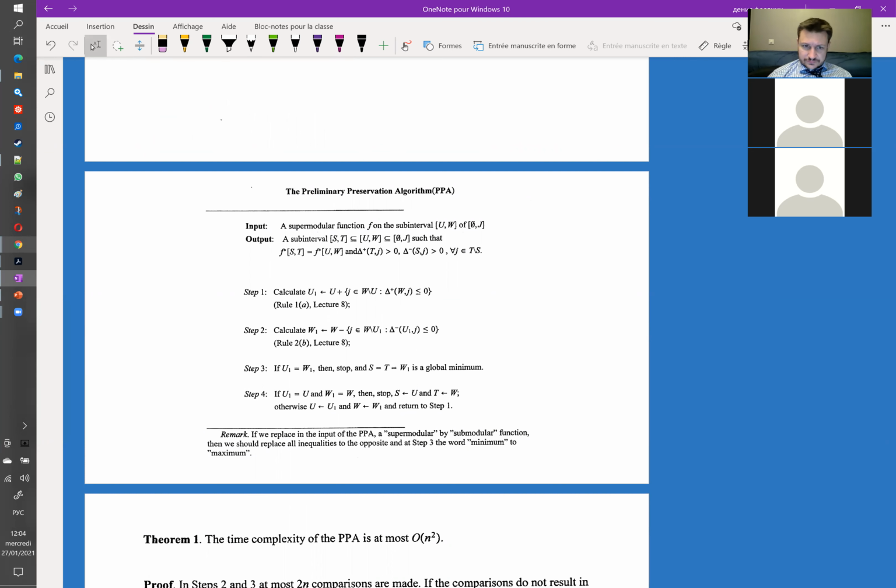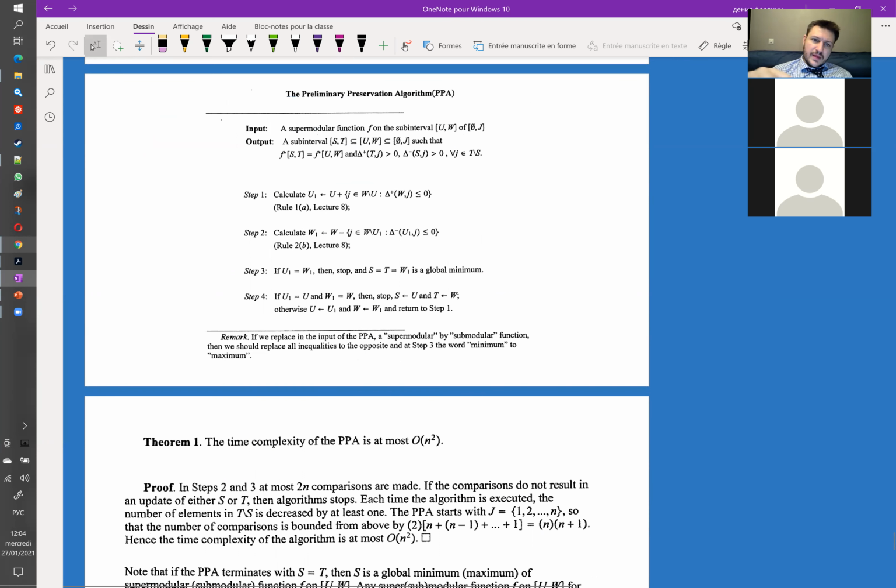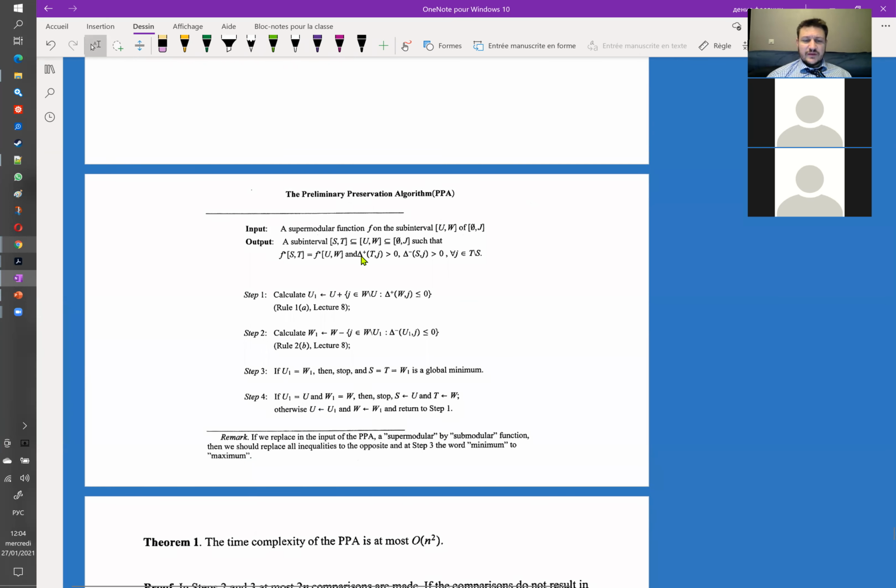Then we have to calculate rule 1, rule 2, and then we get the solution. And the solution is a subinterval of the larger interval here. And there is a special condition.